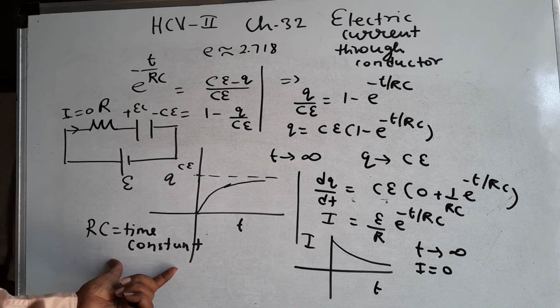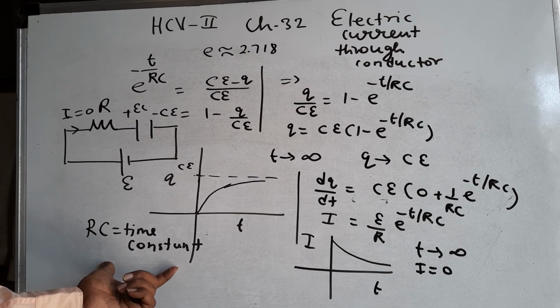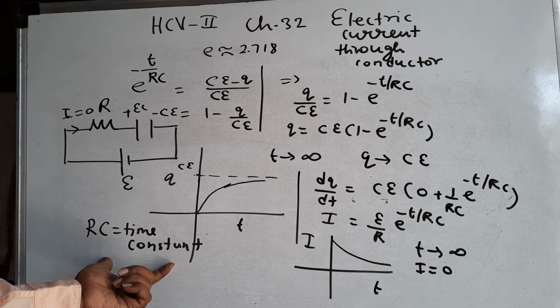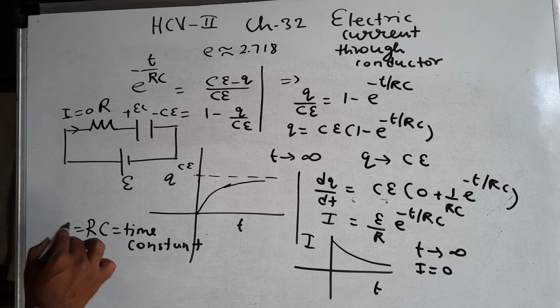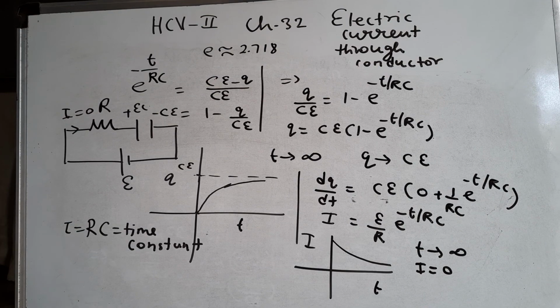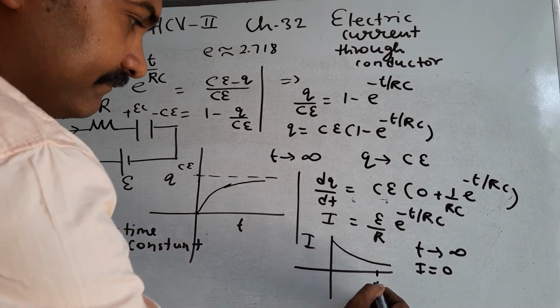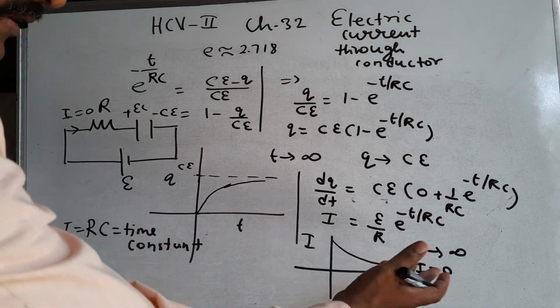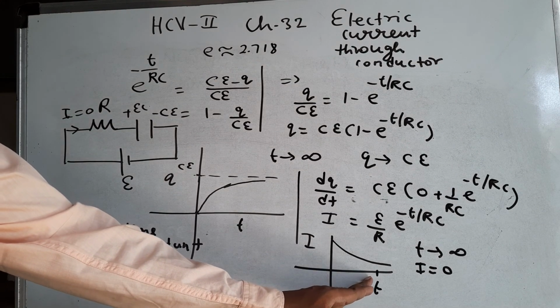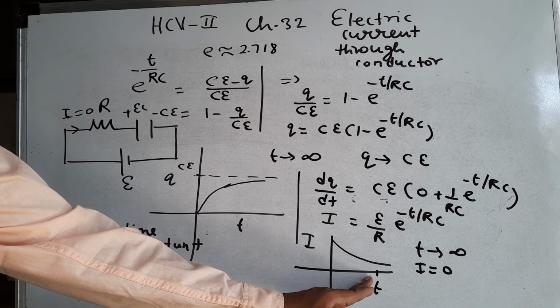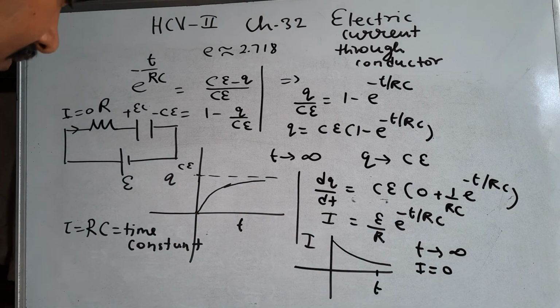So its unit is that of time, and if you have, let's say, 5 time constants, 5 times, it's often written as tau. So if you have 5 time constants, it is somewhere near a steady situation. The situation you can assume as nearly that of infinite time.